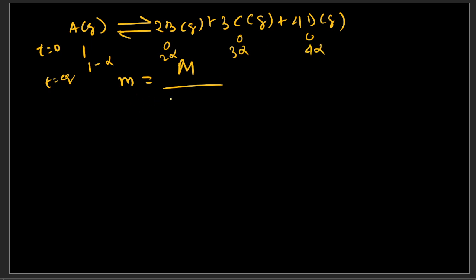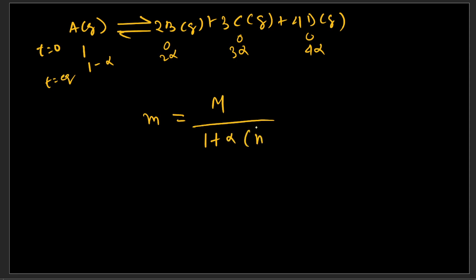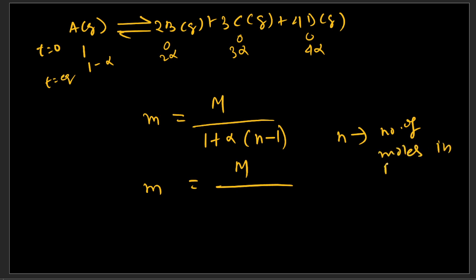So M, the observed molar mass, equals the real molar mass divided by 1 plus alpha (n minus 1), where n represents the number of moles in products.